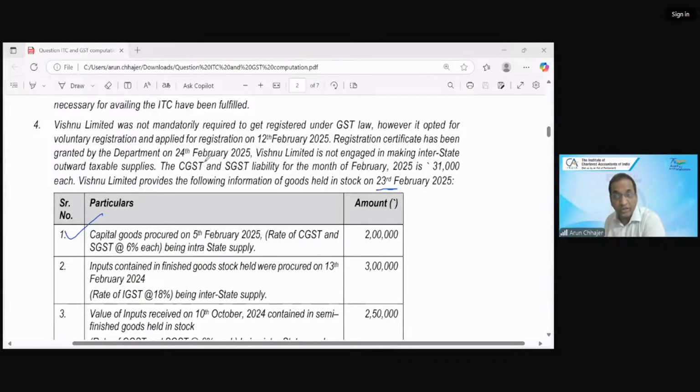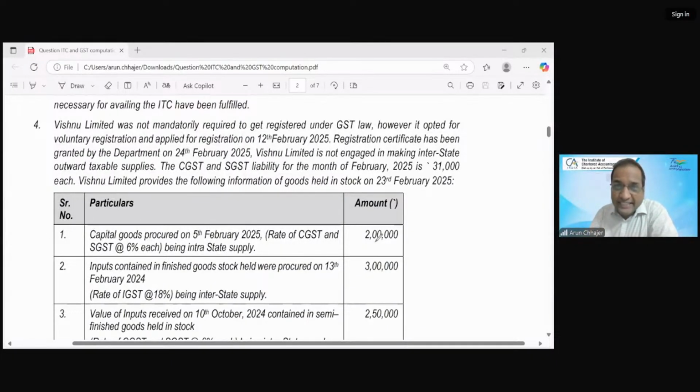So where is the confusion? I'm asking again, can he claim the ITC on the capital goods in this case? I have received one different answer: after deducting 5% per quarter or part thereof, can I claim the ITC on capital goods? Answer is no.